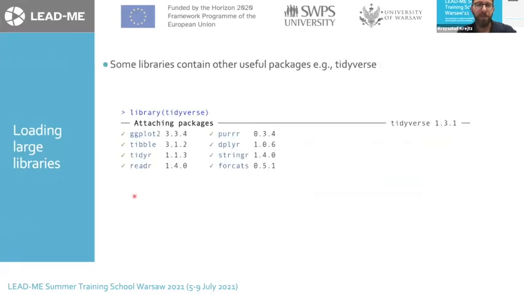Let's go next. Some libraries, don't be surprised, contain other useful packages. An example of such a great library is tidyverse. That's a package you're going to use a lot, and you're going to need it for executing the code we are talking about today for sure.